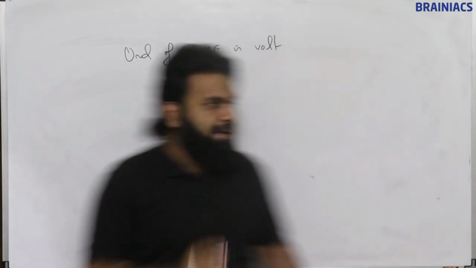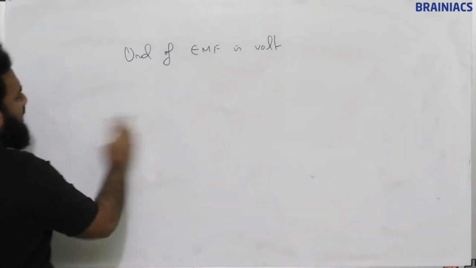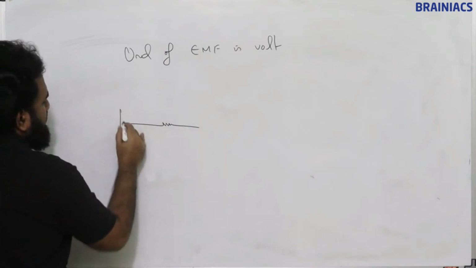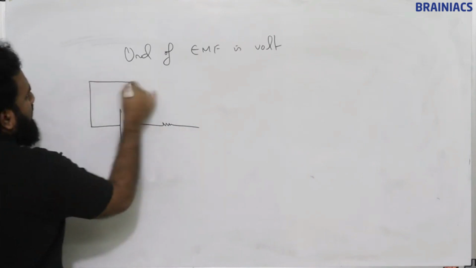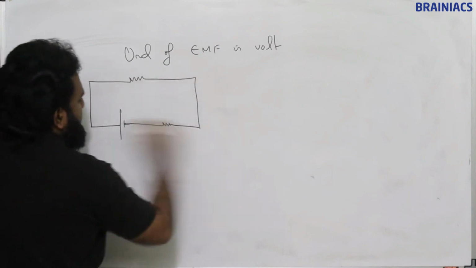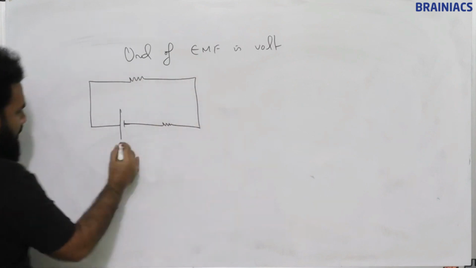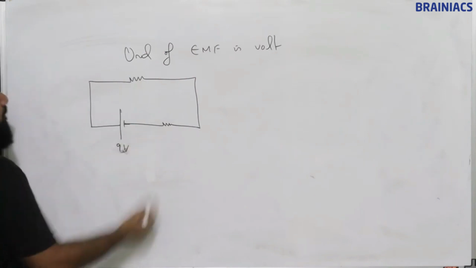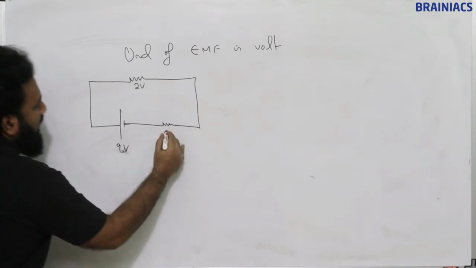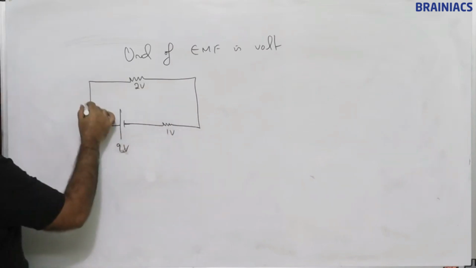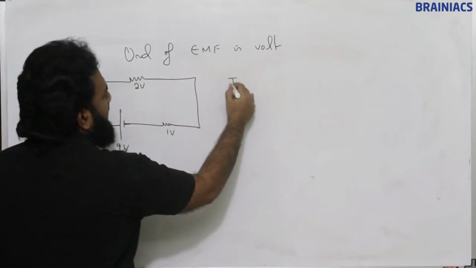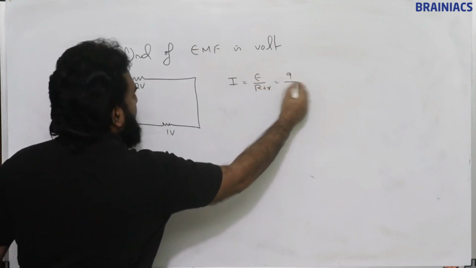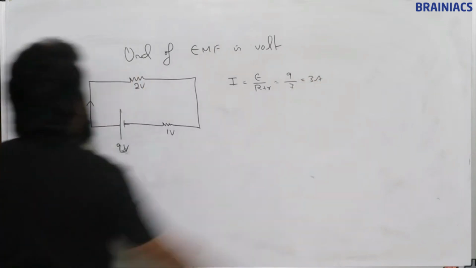So internal resistance is there, and then there is an external resistance. Suppose we are giving 9 volt, with 2 ohm external and 1 ohm internal. Then how much current will flow? I is equal to E by R plus r. We get 9 by 3, which is 3 ampere.